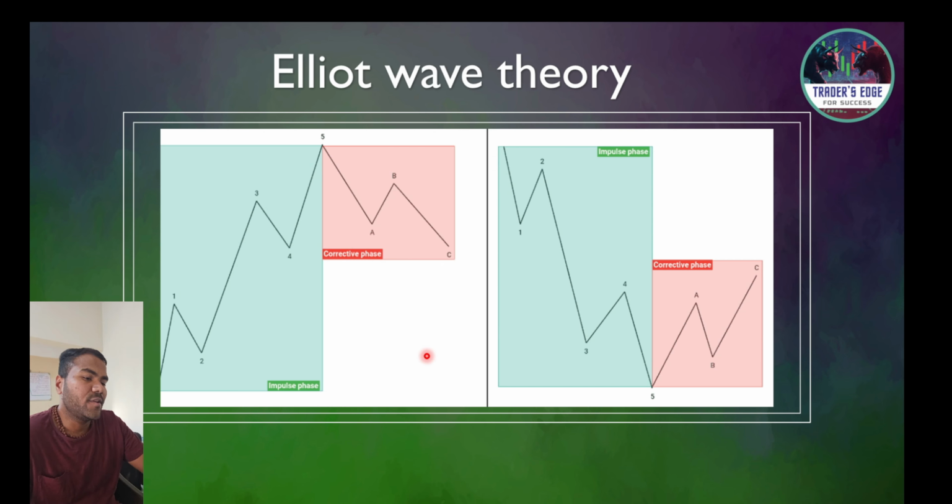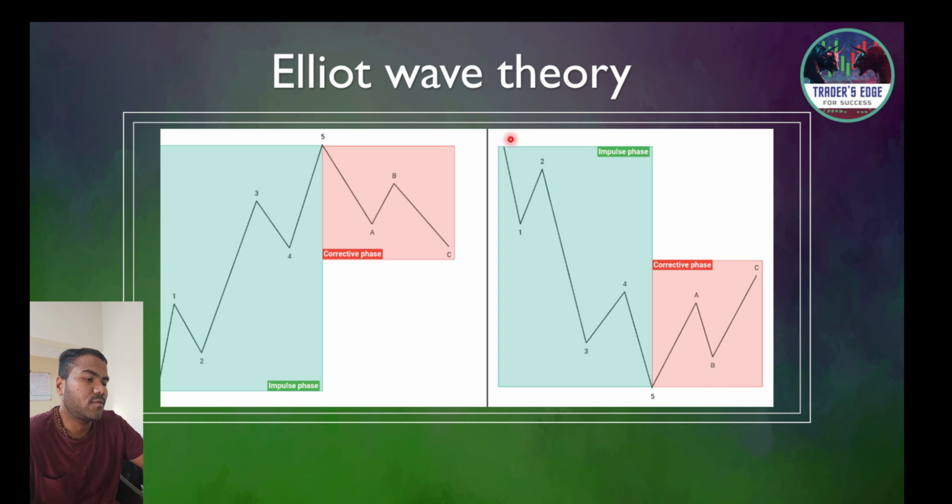One more thing before we move ahead. If a trend ends with 5 waves, in both upward and downward directions, it will definitely have a corrective phase. If waves 1, 2, 3, 4, 5 are the impulsive waves of an uptrend, then A, B and C will be the corrective phase, known as a retracement of the current trend.